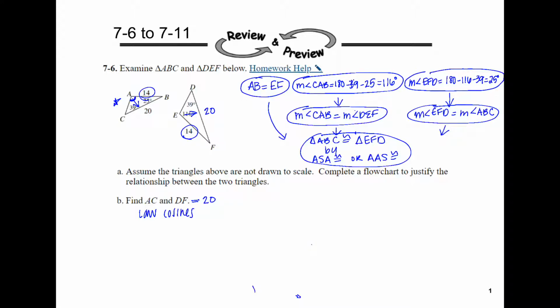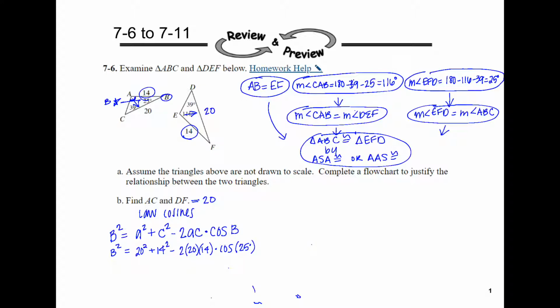The law of cosines says that if we call this side B, then B squared is equal to side A squared plus side C squared minus 2 times the length of side A times the length of side C times the cosine of the angle opposite, so times the cosine of angle B. When we plug that information in, B squared is equal to 20 squared plus 14 squared minus 2 times 20 times 14 times the cosine of angle B, which is 25 degrees.